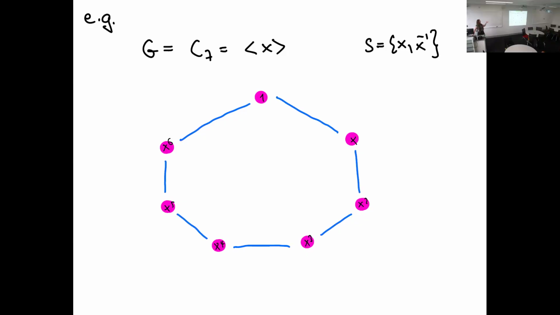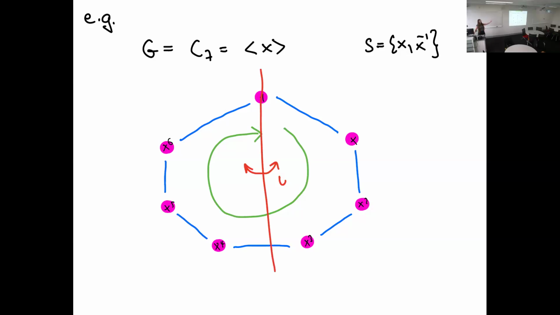Okay, so what is the automorphism group of this graph? Well, we're happy because we have C7, which is just permuting all elements in a circle. But we also have another one, which is the mirror symmetry, which I will just call iota.